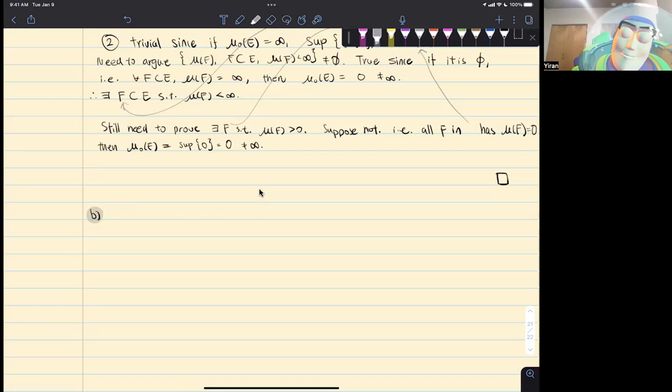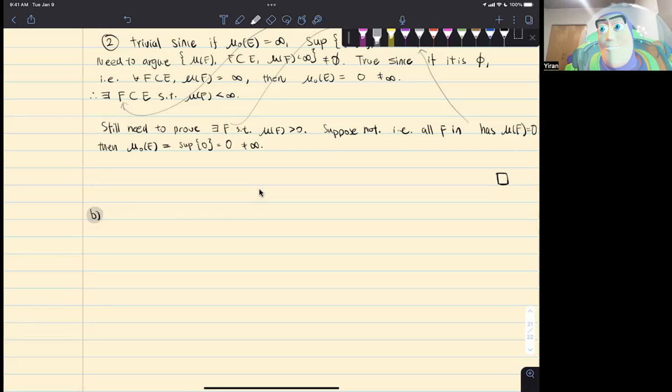So you have this, and as I said, this is an increasing sequence, and so the limit of mu of Tj as j goes to infinity is equal to the supremum.